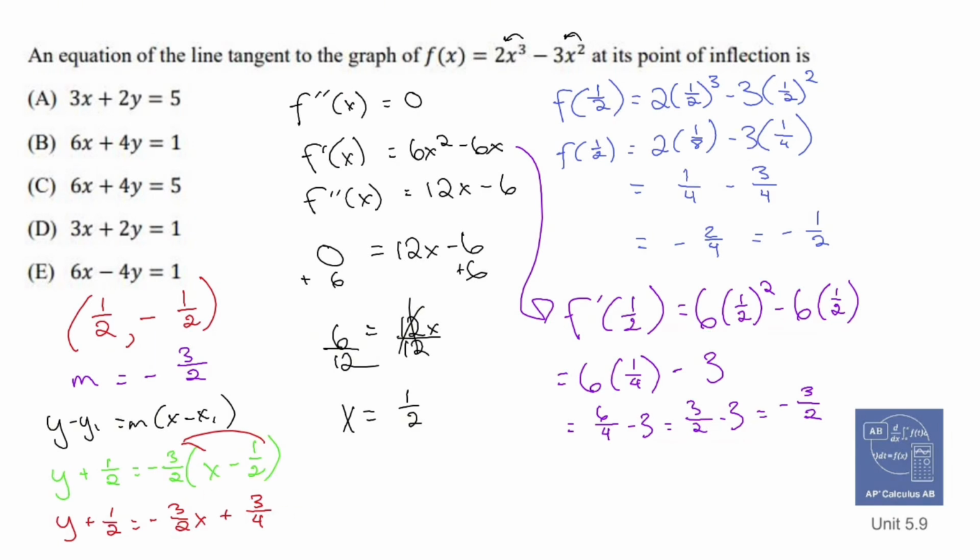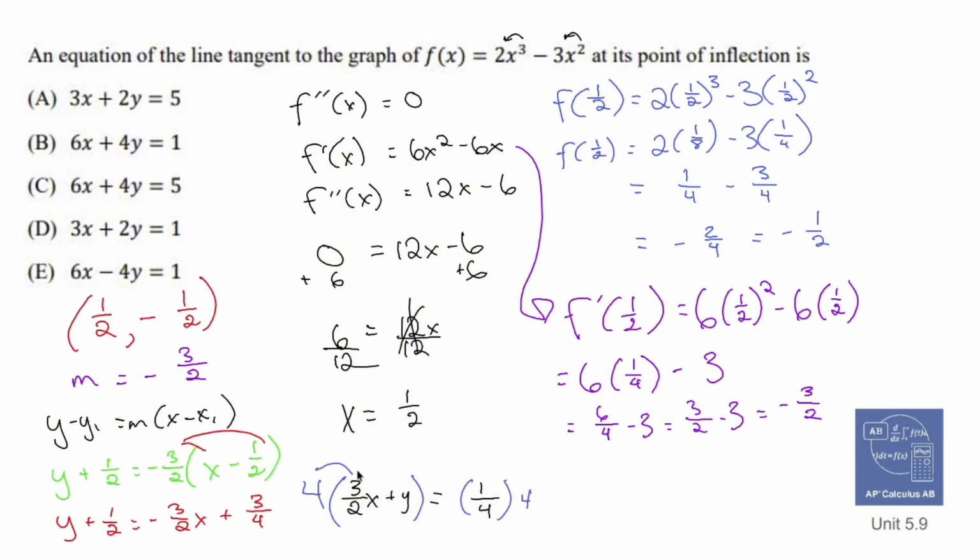What I'm going to do is add 3/2 x to both sides, so I have 3/2 x plus y. I'm going to subtract a half here, which gives me a quarter. They want all constants on one side, so if I multiply everything by 4, that gets rid of all fractions.